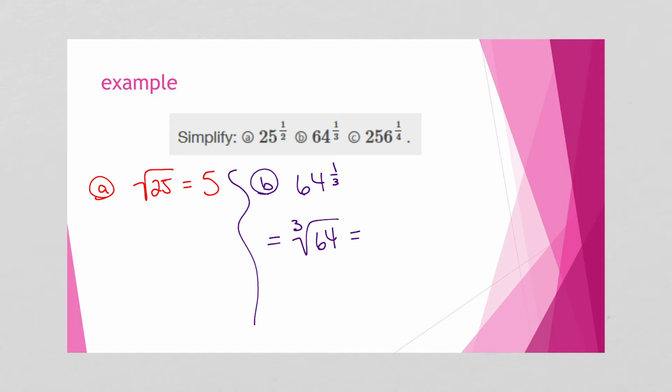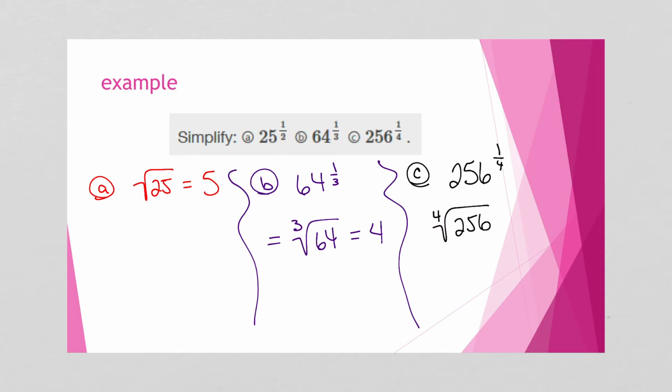Well, that would be 4. Let's look at C. We've got 256 to the 1/4 power, which means the 4th root of 256, which is the same thing as what times itself 4 times gives you 256? That is also 4.